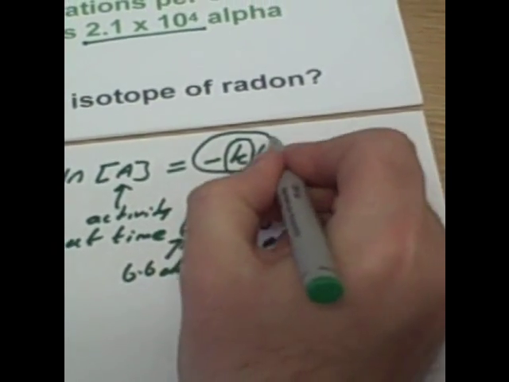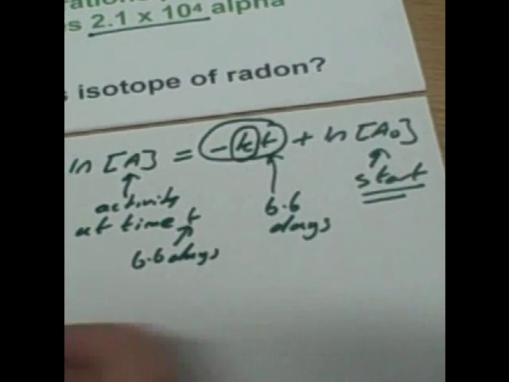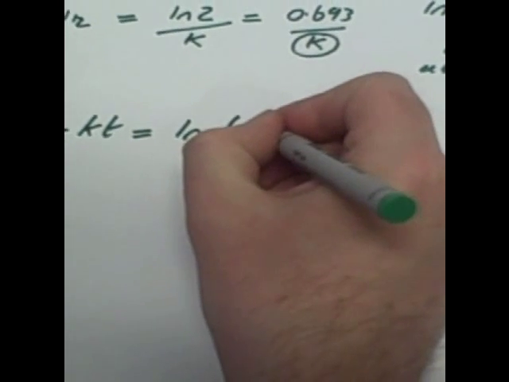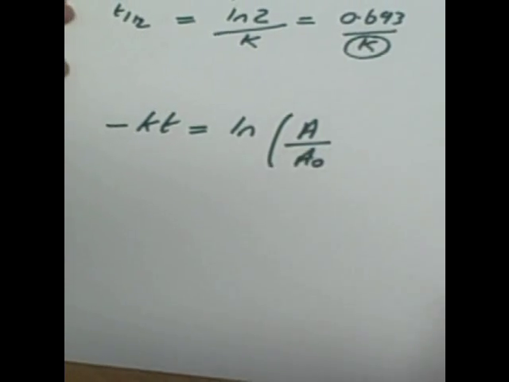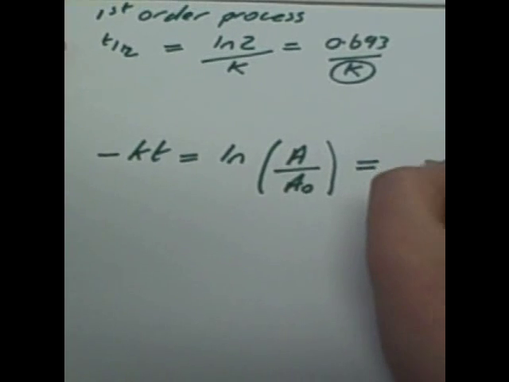So to start off with, I'm going to rearrange this equation to make minus kt the subject. Now if I do that, minus kt equals the natural log of the ratio of our activity at time t divided by our starting activity. So what I'll do is I'll plug those numbers in.